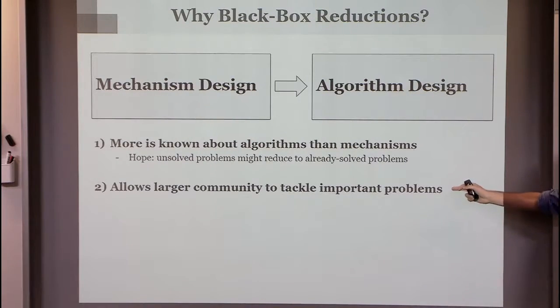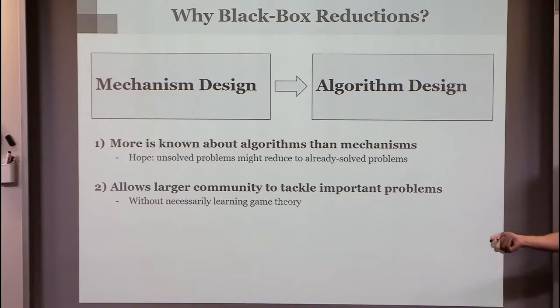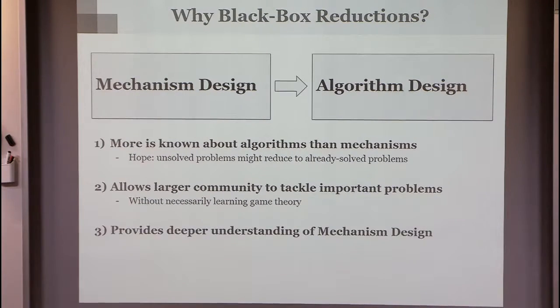The other reason is that such reductions would allow a larger community to tackle important problems in mechanism design by leveraging their knowledge of algorithms, without necessarily learning any game theory to do that. And at the end of the day, having such a reduction would provide a deeper understanding of mechanism design, giving information about what makes incentives difficult to deal with.